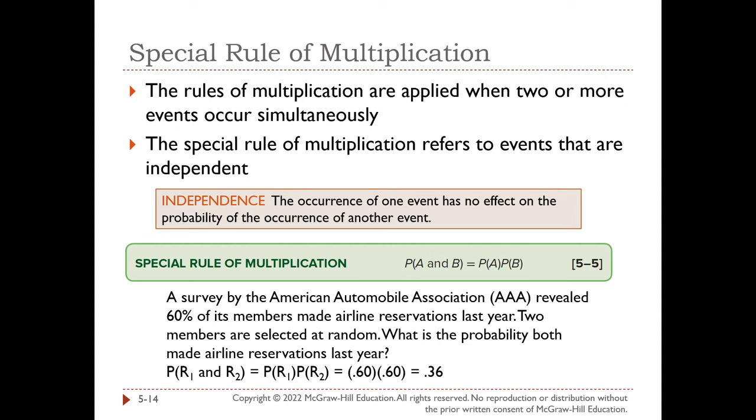So if you take 0.6 times 0.6, since we're looking at two completely independent members, once you multiply them together, the chance of those two making airline reservations is 0.36, or 36%.